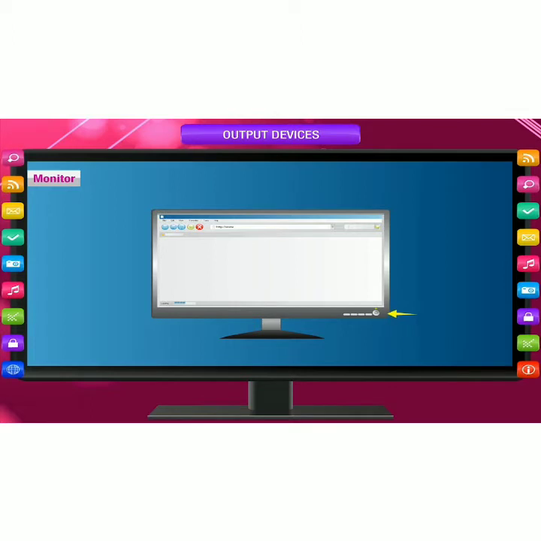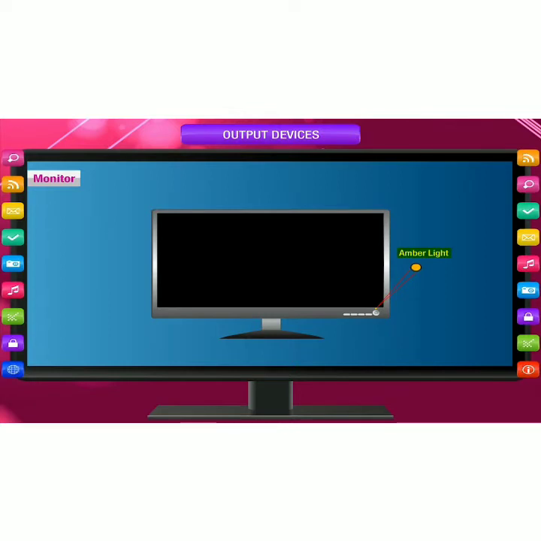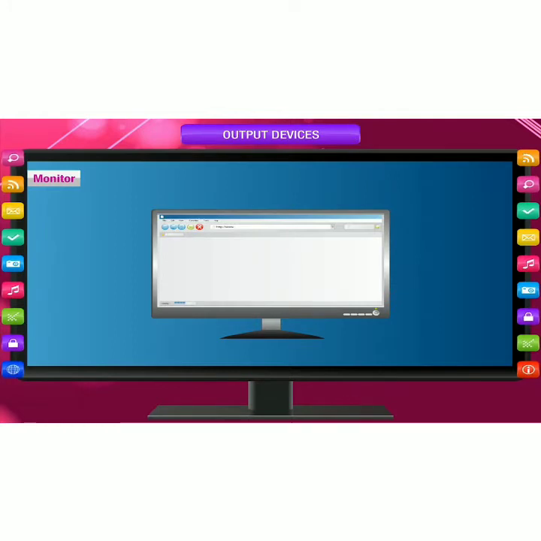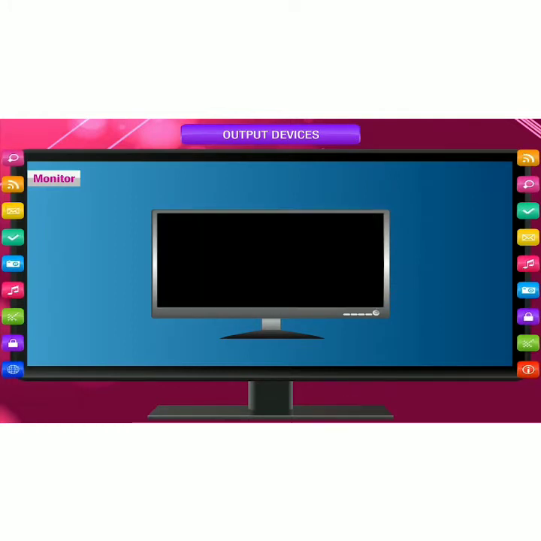Whatever you are typing on the keyboard will be seen on the monitor. And monitor is just like a TV. The output we get on the monitor is called soft copy. It is the most common output device, also known as visual display unit.